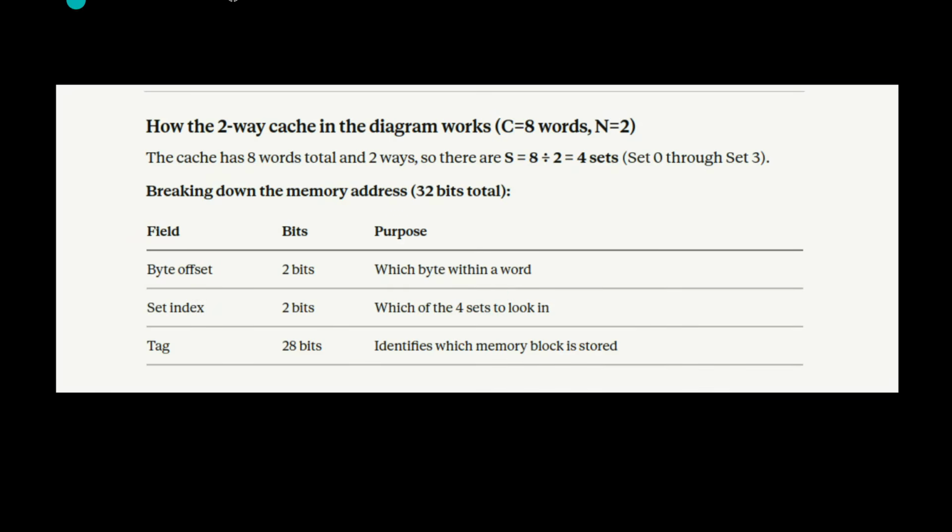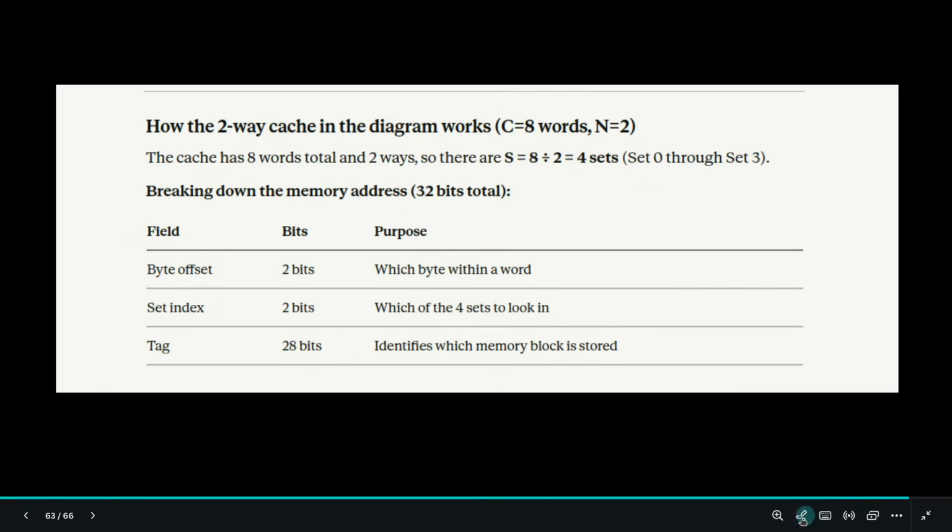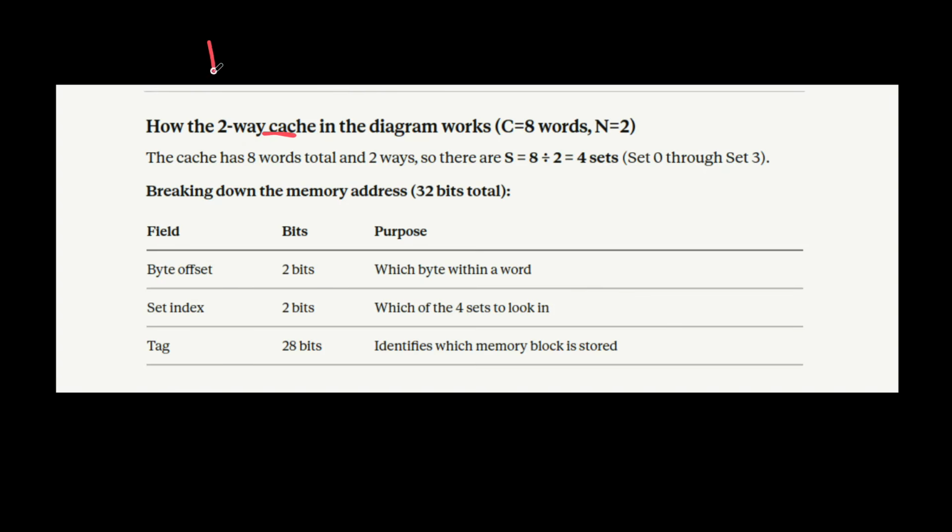Okay, so let's understand how two-way set associative cache works. Let's say n is equal to 2, and the total number of blocks is 8.